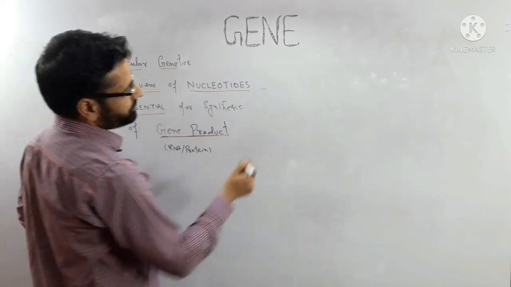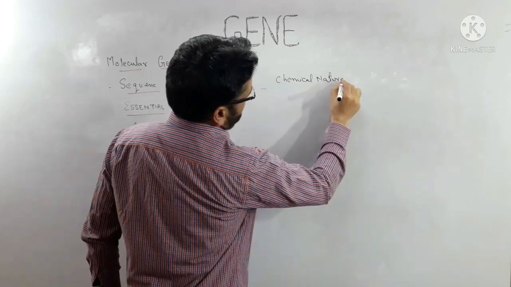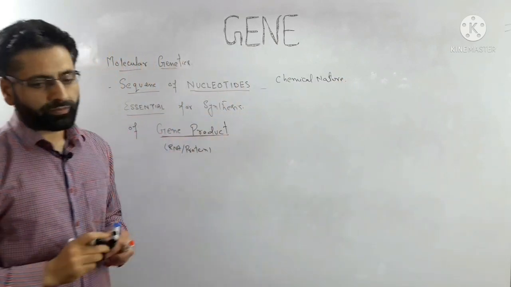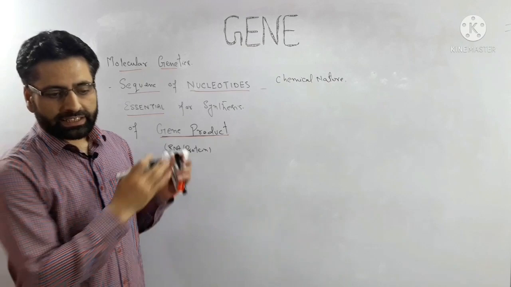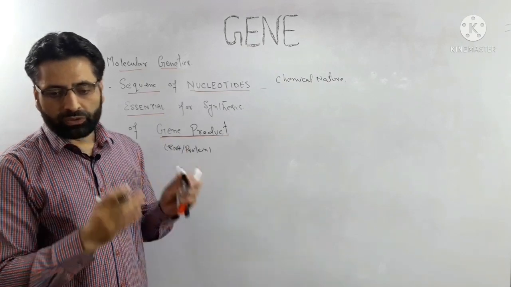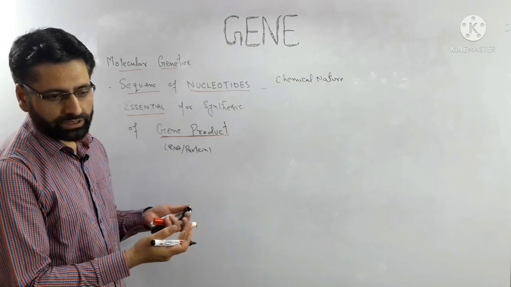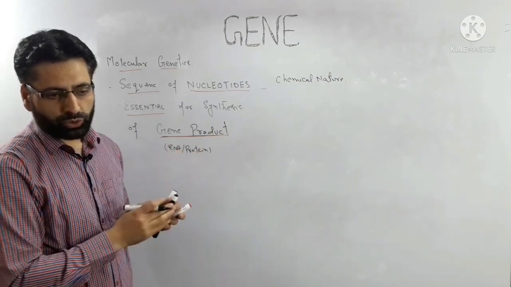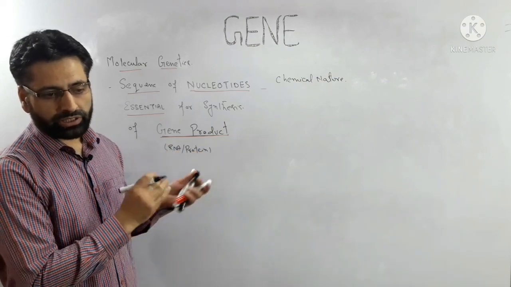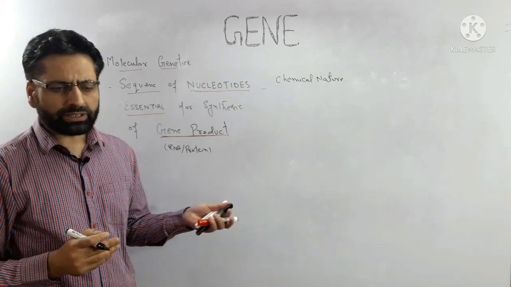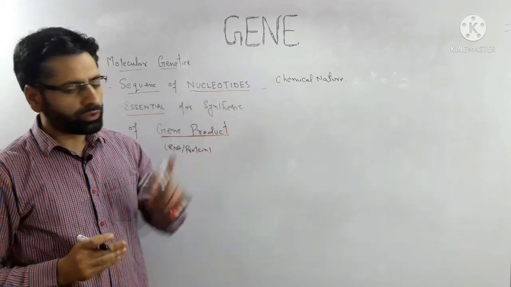That is, the term nucleotide says that the gene is composed of nucleotides. That is the chemical nature of the gene. It is not composed of amino acids or carbohydrates or lipids. It is composed of nucleotides.